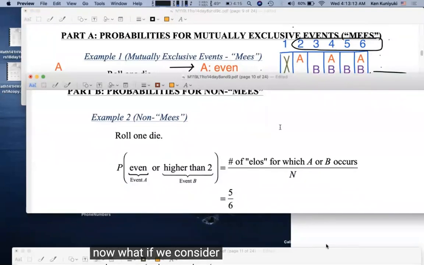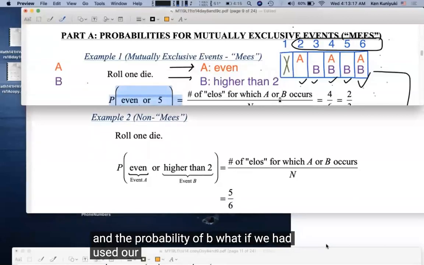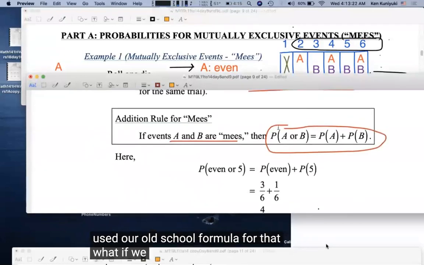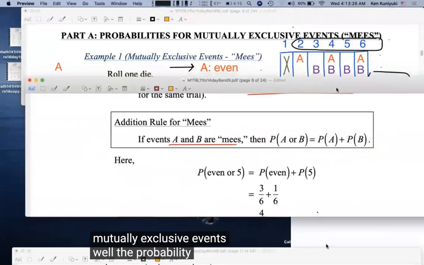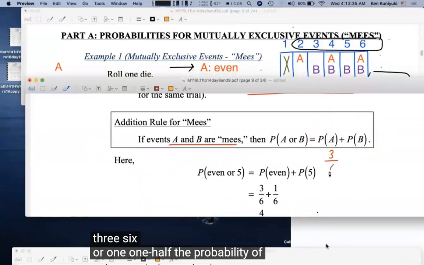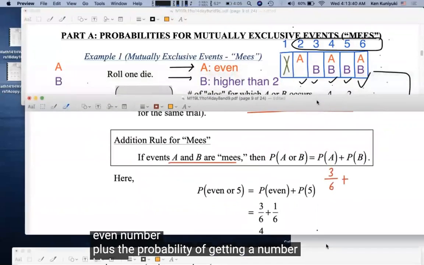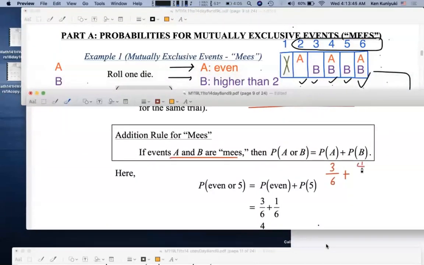Now, what if we consider the probability of A and the probability of B? What if we had used our old school formula for that? What if we had treated them as mutually exclusive events? Well, the probability of A occurring would have been 3/6, or 1/2, the probability of an even number, plus the probability of getting a number higher than 2 would have been 4/6, or 2/3.